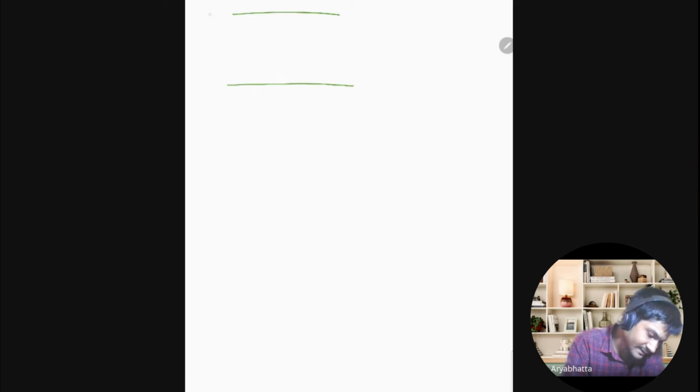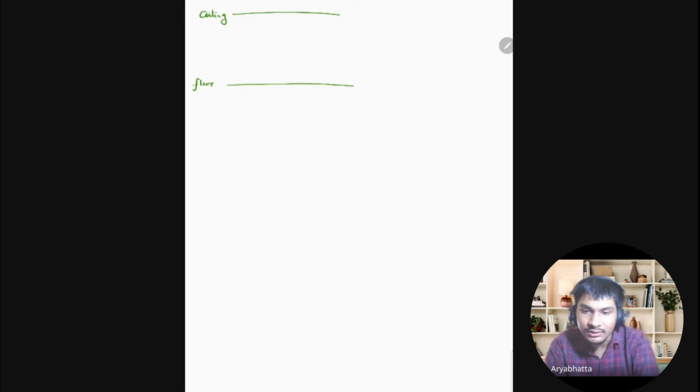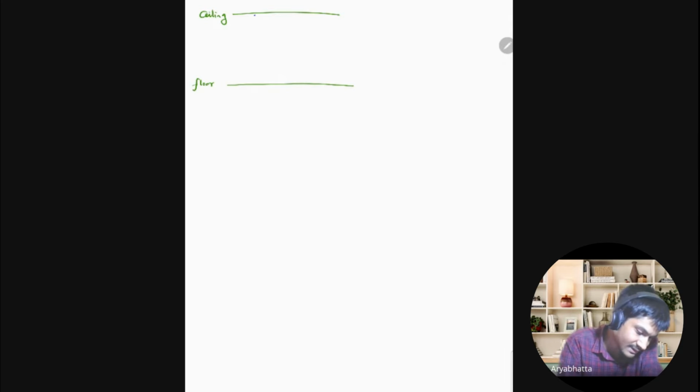suppose this is our ceiling and this is the floor. Now what is mentioned is that when the ball was thrown, it almost touches the ceiling. So suppose the ball almost touches the ceiling here, and now it starts falling from there.